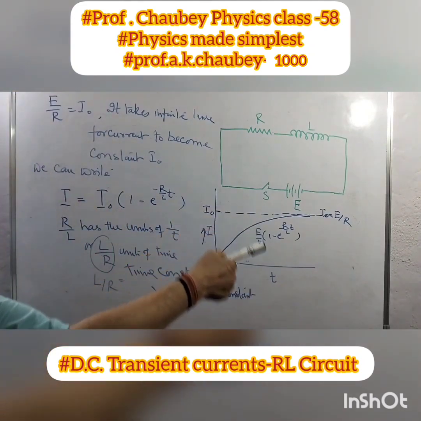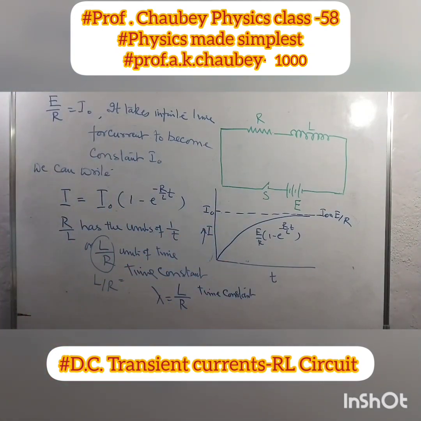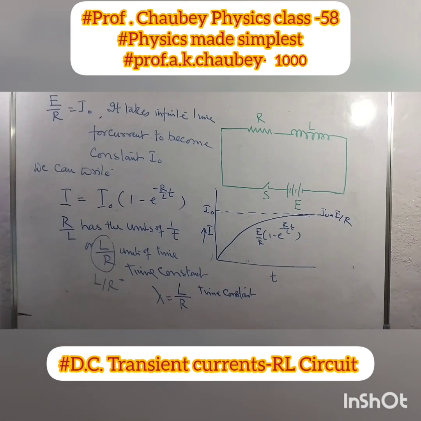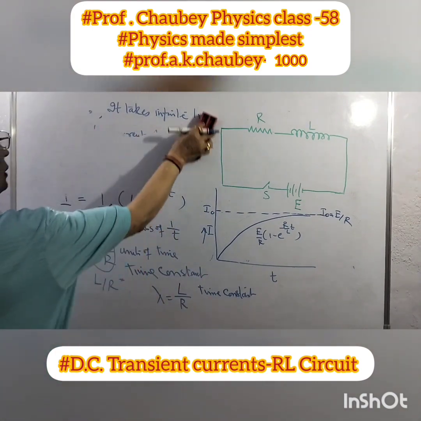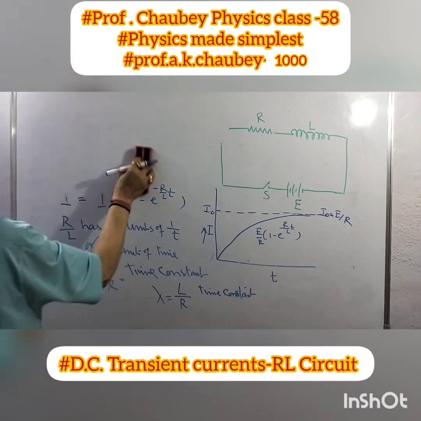The transient current, how transient current build-up takes place in LR circuits. This shows how the current increases like this. This was transient for LR.